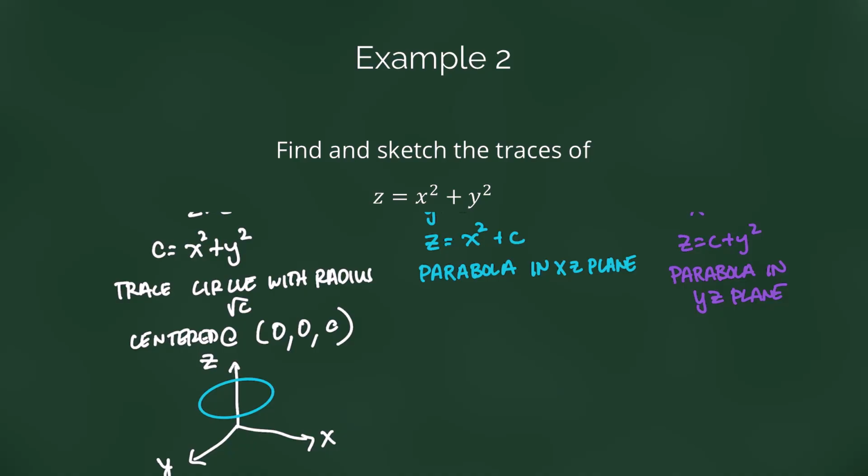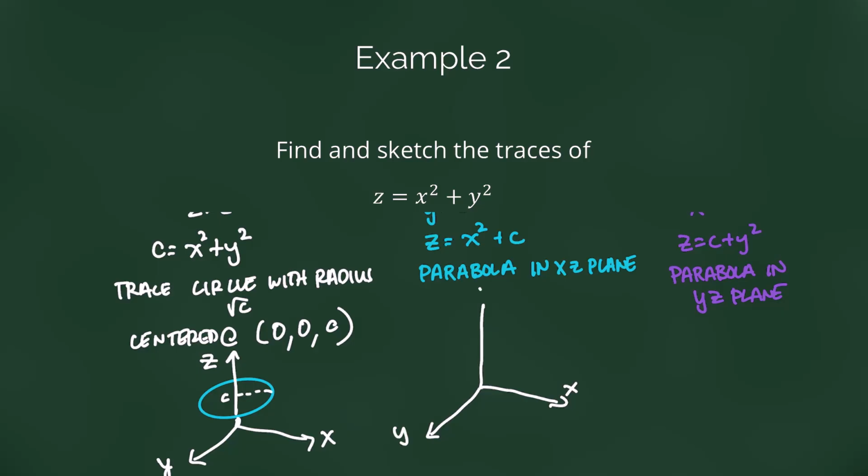Hold on, let me erase this guy. I want it to look like it's going through this. So it's going to do something like that. There we go. So that axis is through the center, and this here is our value of c. So that's one trace. I apologize for my very lousy drawing skills.